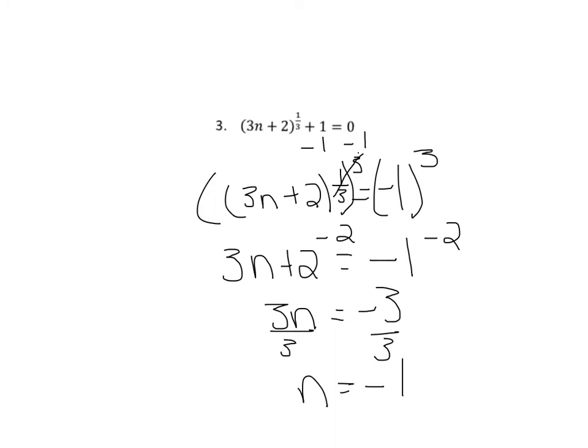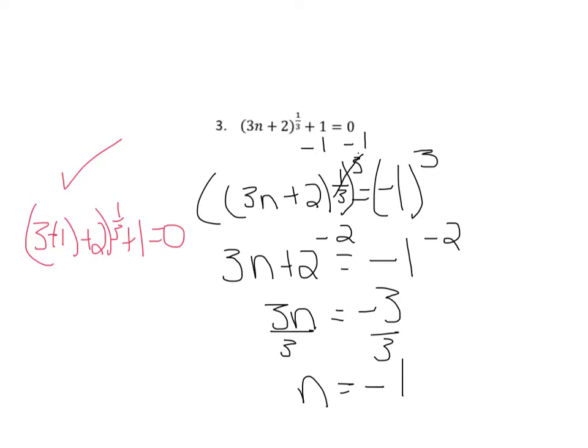Now remember, we need to check our answer. So I have (3 times -1 plus 2) all to the 1/3 power plus 1, and that should equal 0. Remember, this is a -1. I forgot my negative sign there.